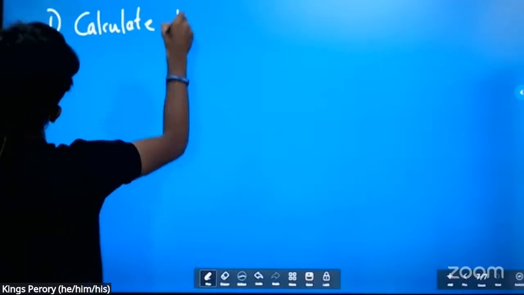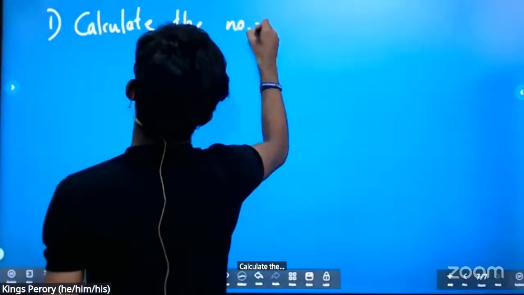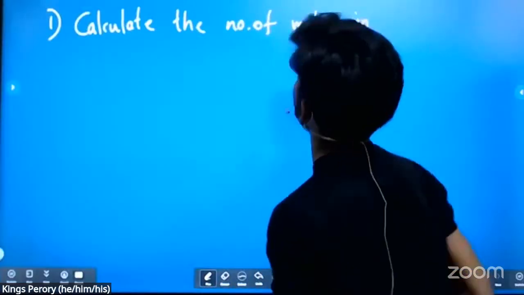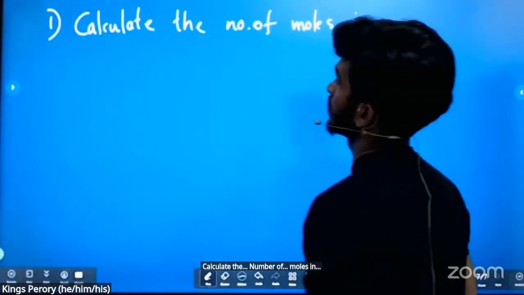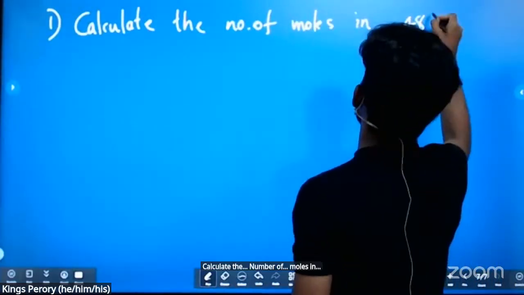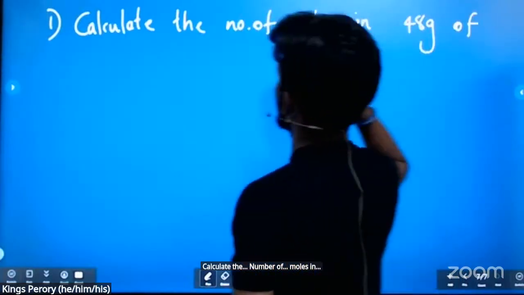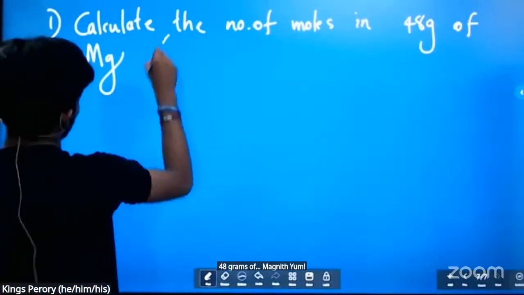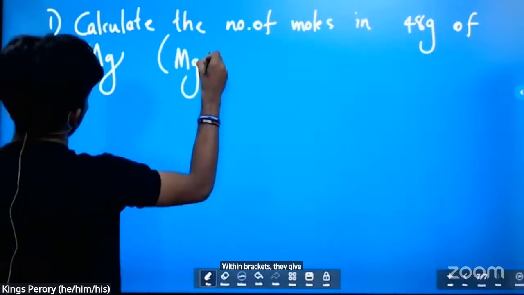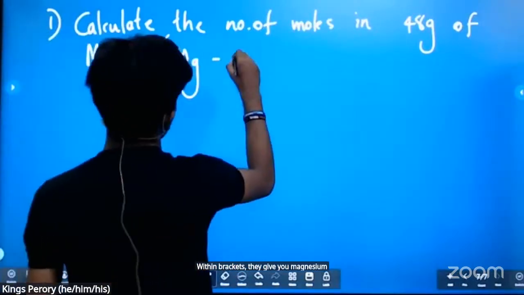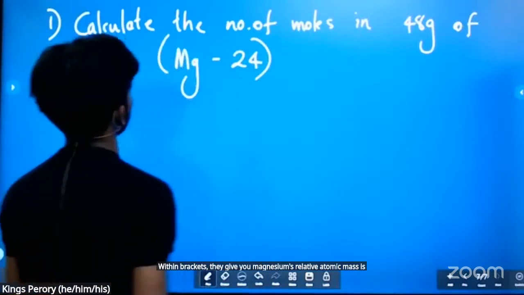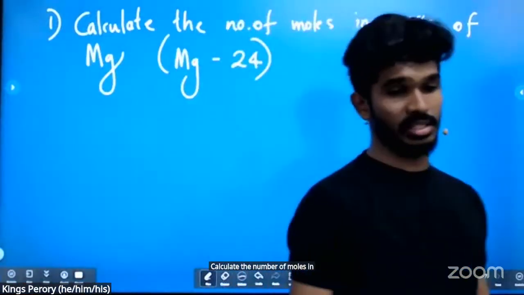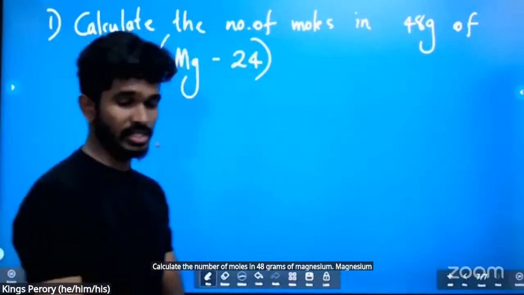Calculate the number of moles in 48 grams of magnesium. Within brackets, they give you magnesium's relative atomic mass is 24.